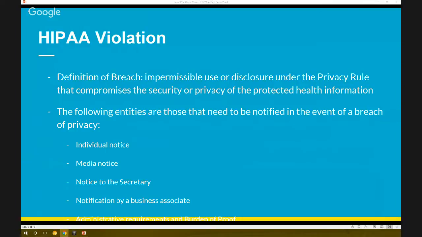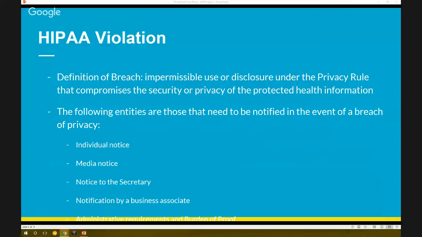Media notice. This is another example of the covered entities affecting more than 500 residents of a state or jurisdiction. They need to be notified through the media so that they can be aware of their information being breached.